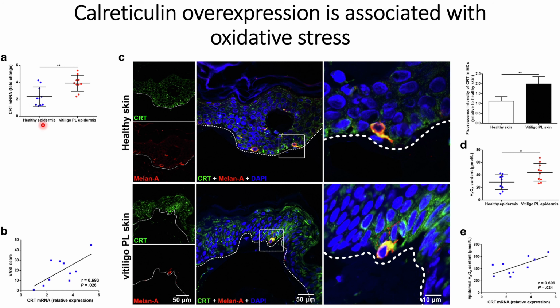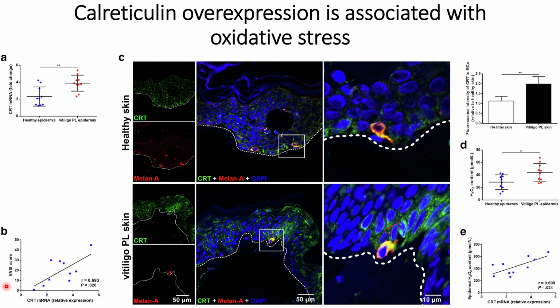After that, they needed to check how this calreticulin increase occurs in the vitiligo affected patients. People might have different degrees of this skin disorder, and the different degrees of vitiligo are defined by the VASI score.